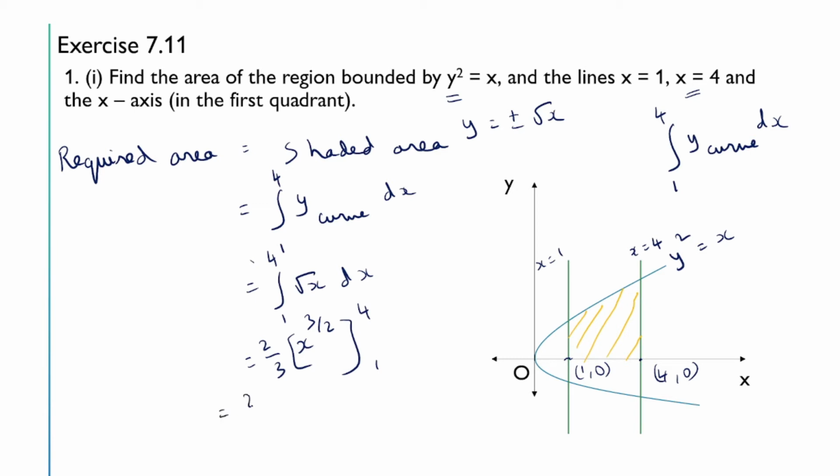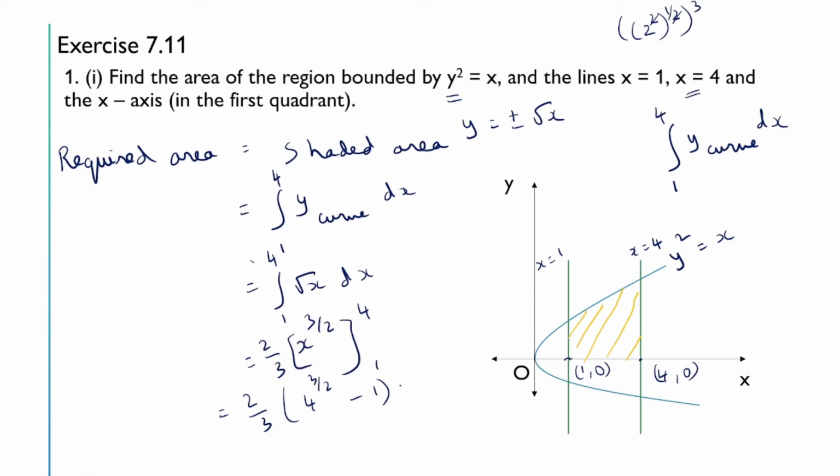This is equal to 2 by 3 into 4 raised to 3 by 2 minus 1. Now 4 raised to 3 by 2 is nothing but, 4 is 2 square, so it is 2 square, the whole raised to half, the whole cube. So the root and square will go, and we will have 2 cube.